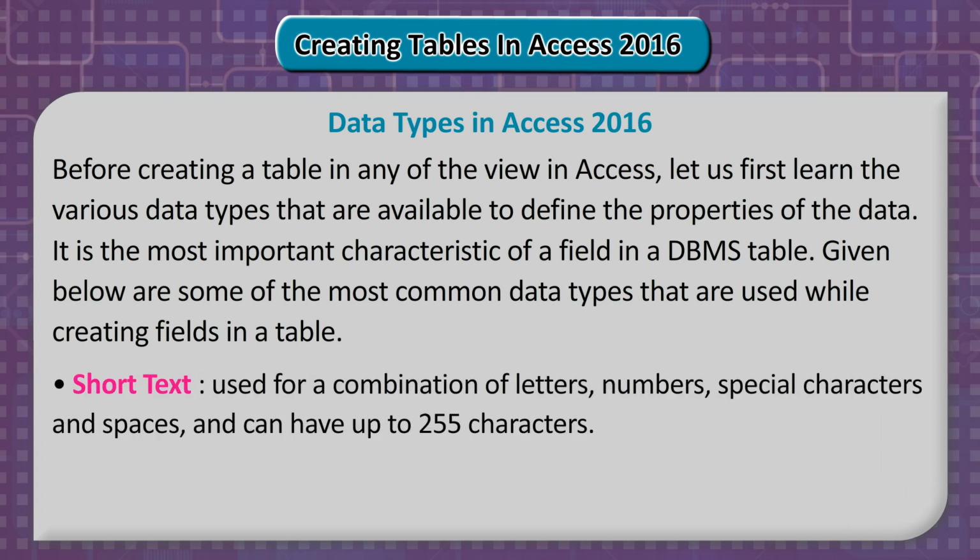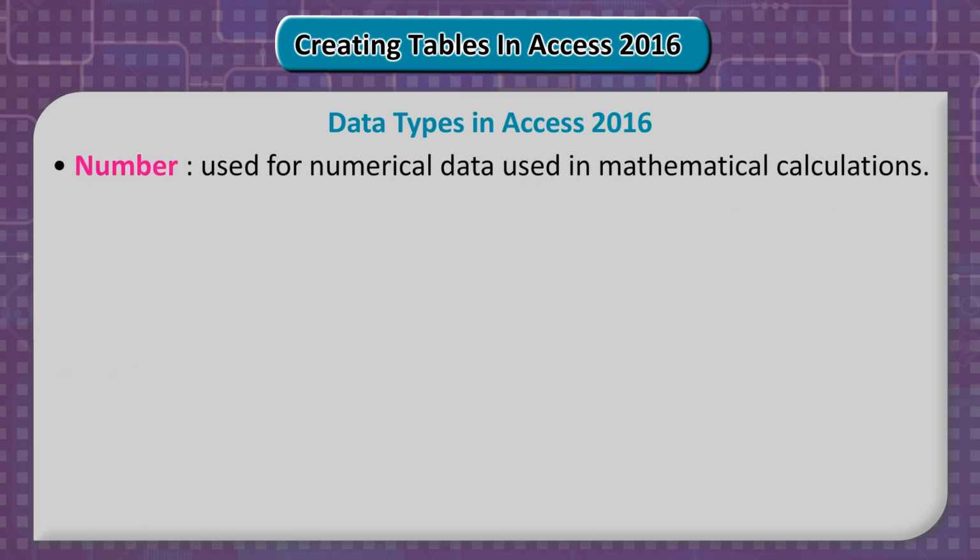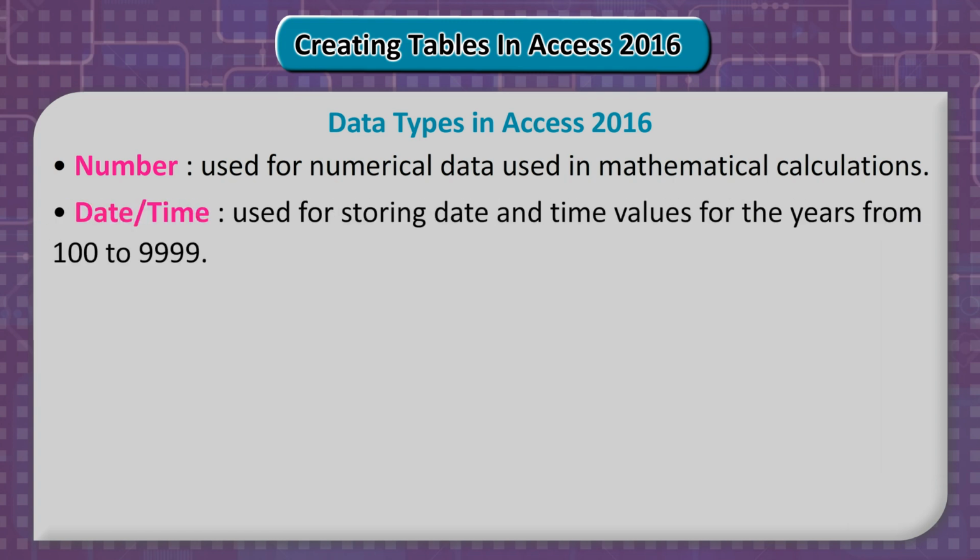Short text, used for a combination of letters, numbers, special characters and spaces, and can have up to 255 characters. Long text, used for textual data longer than 255 characters and can have up to 535 characters. Number, used for numerical data used in mathematical calculations.